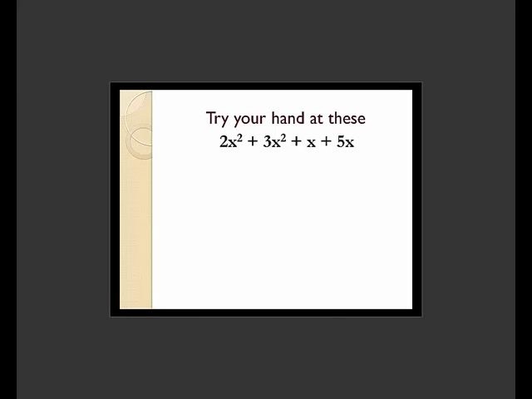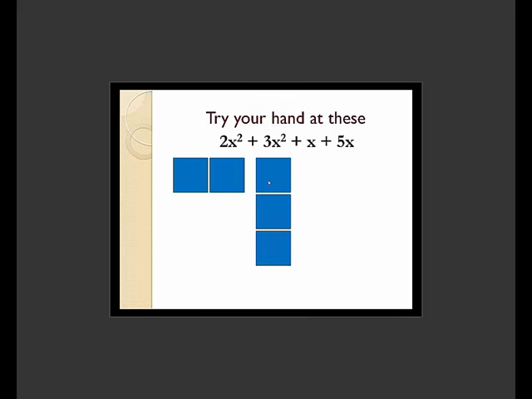One more. How about this? We have 2x squared plus 3x squared plus x plus 5x. We have 4 terms, and we have x squareds and x's. The first term says we have 2 x squares. And we're going to add 3 x squares. Notice they're squares. They're blue, they're positive.